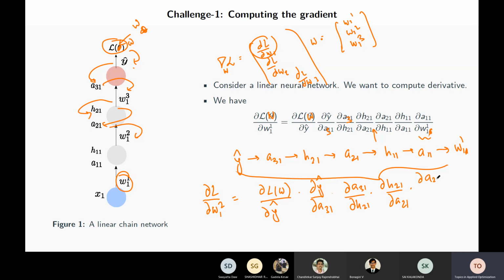So del A21 by del W12. This is what I wanted, hence I stopped here.